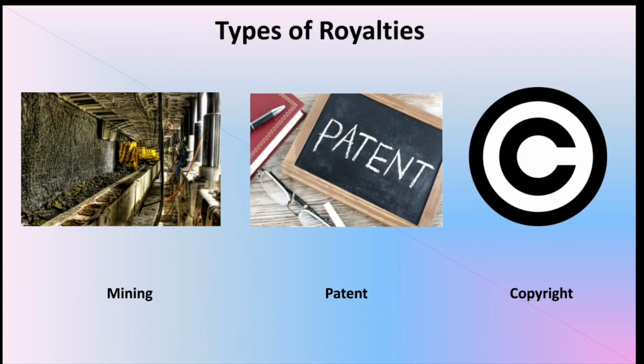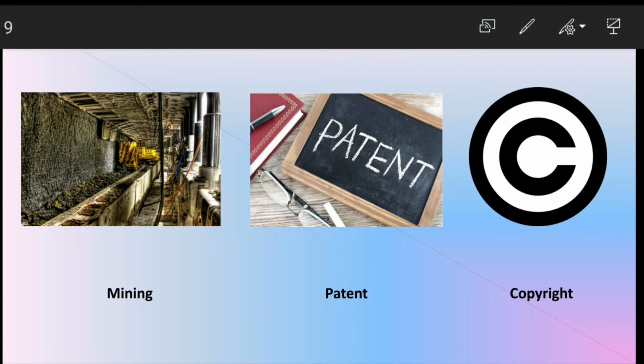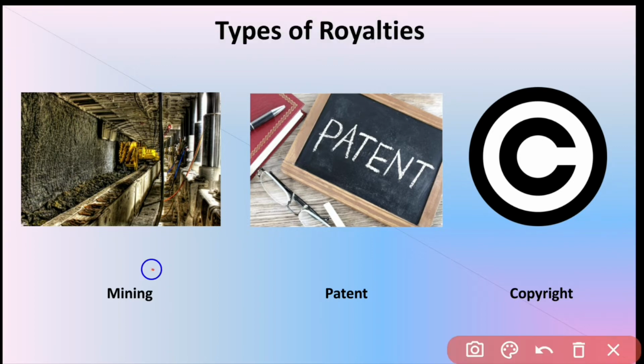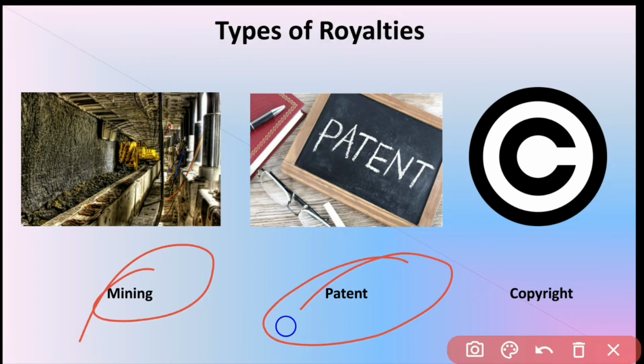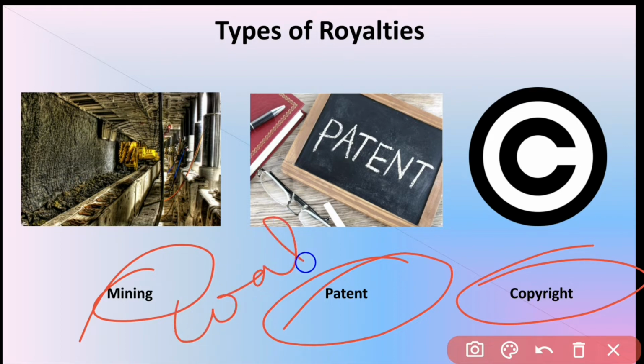Here we have basically three types of royalty. First one is mining, then patent, and last one is copyright. Mining is what? We have mines. Supposedly there is a mine and for the extraction of, say, coal, rights are being given to certain industries or companies. For that, royalty is supposed to be paid.